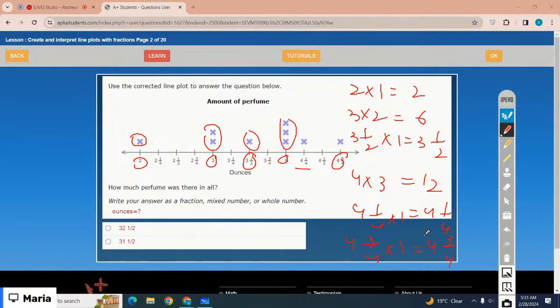Now you have to add them, right? Just add the whole numbers: 12 and 6 is 18, 19, 20. Now add the fractional parts.